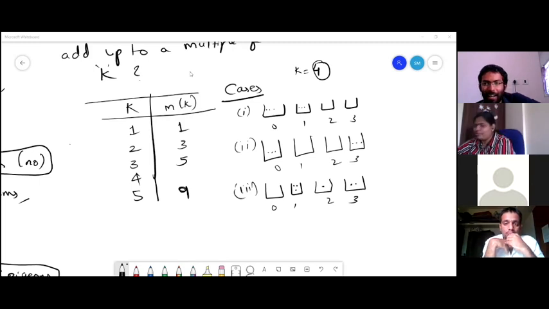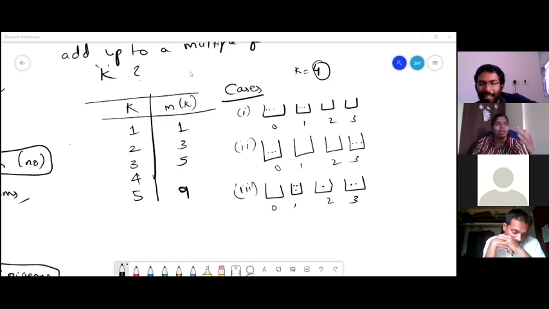What are you enumerating? The possible ways of getting a multiple of 4? No, I didn't do that. I wanted to see if there are only 2 remainders of 4. If there are only 2, then it has to be 3 times 2 plus 1, which will give 7.